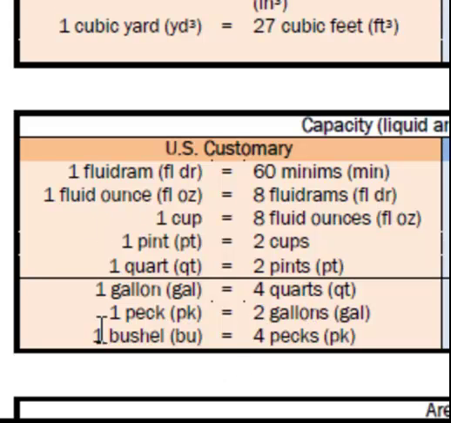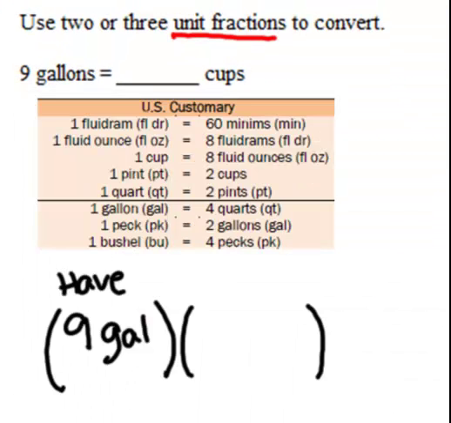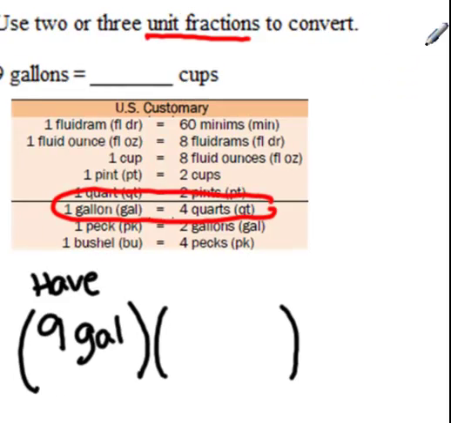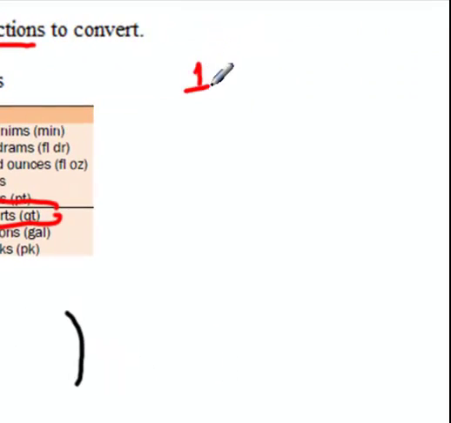So this is the information we're going to be using. Because I have gallons, I'm going to start off using this fact right here, that 1 gallon equals 4 quarts. There are a couple of unit fractions we can make with this information. We can put 1 gallon over 4 quarts. As you know, anything over itself equals 1.